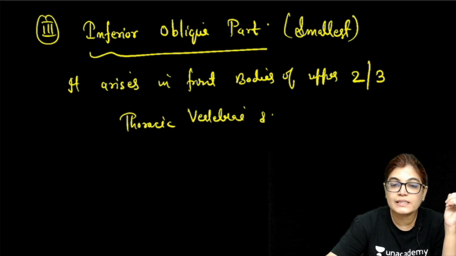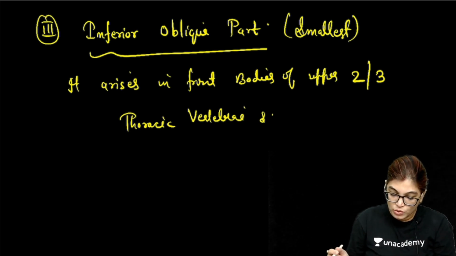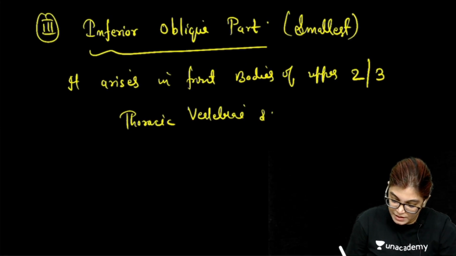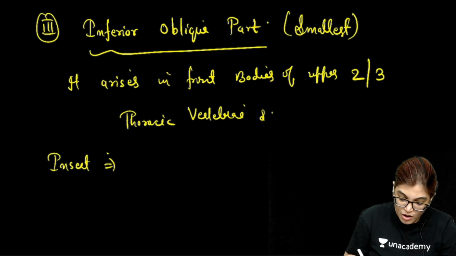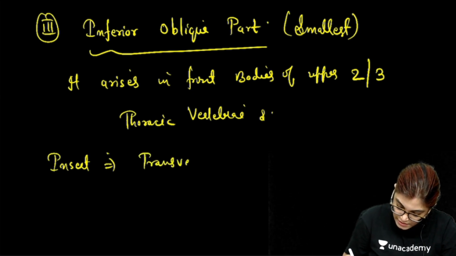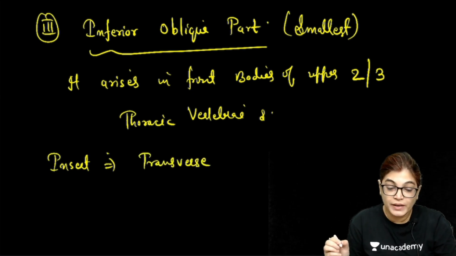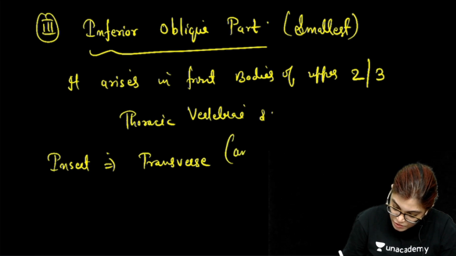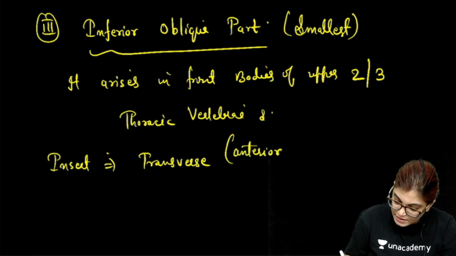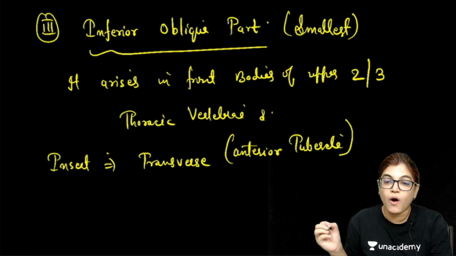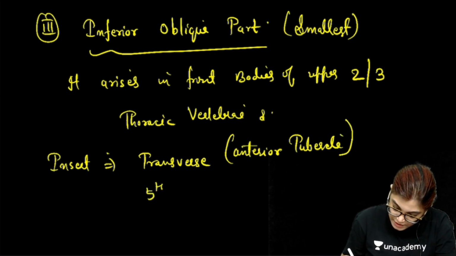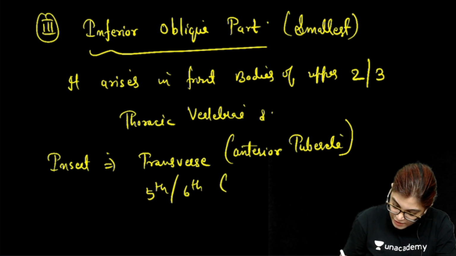So it arises in front of the bodies of the upper 2 thoracic vertebrae, and after that it inserts onto the transverse process, to be more specific the anterior tubercle of the transverse process of the 5th and 6th cervical vertebra.